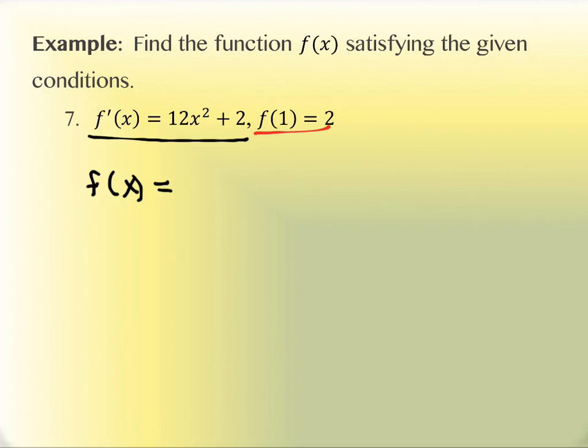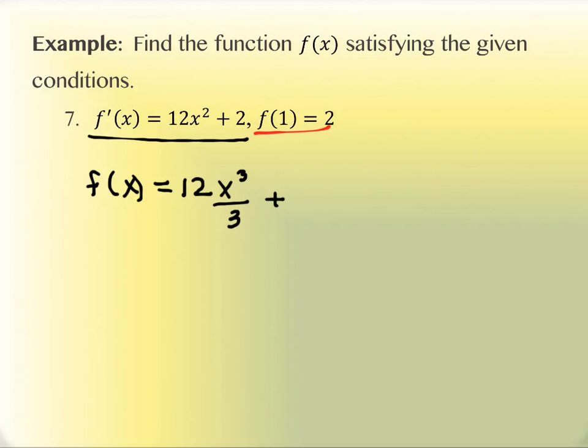All right, I know it's been 2 days since we've done any of these. But the 12 at the beginning is a constant, so it stays put. X squared is a power rule. So what do we do for x squared to do its antiderivative? X cubed, and then over 3. We add 1 to the exponent and divide by the new power. Then I have a plus sign. That's that sum difference part. And I've got the derivative being 2.